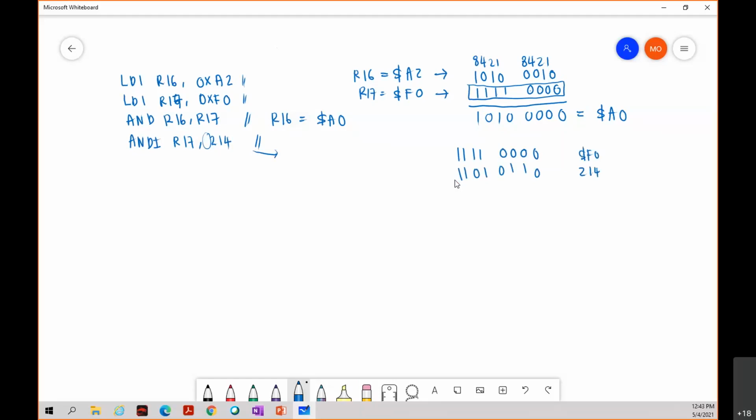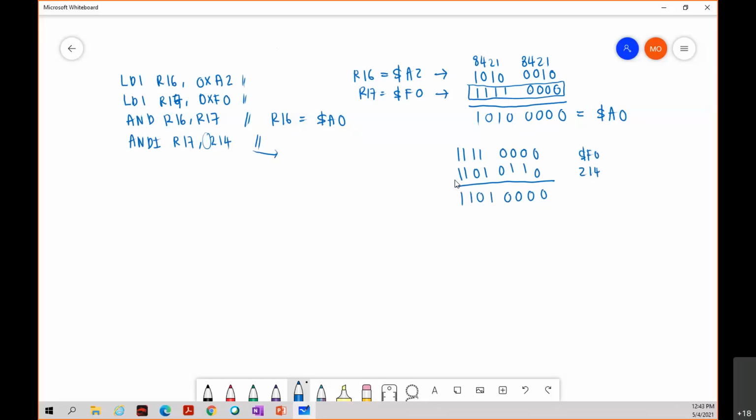So what you're going to do is again the logical AND for each of these bits. 0 with 0, you get 0. 0 with 1 is 0. This is also 0. 1 with 1, you get 1. 1 with 0, you get 0. 1 with 1 is 1.